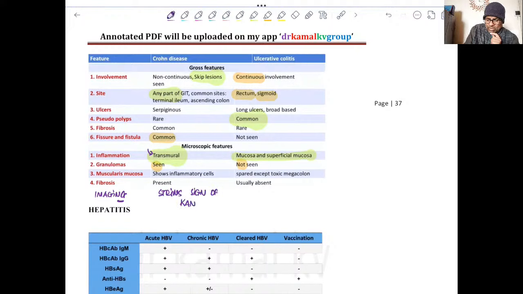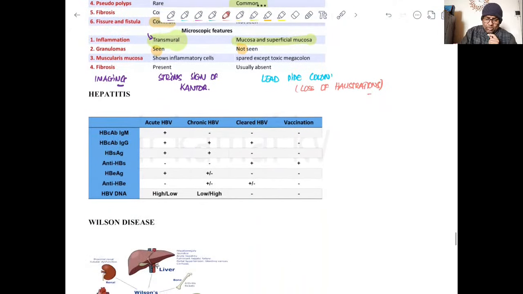Clear? And here you should remember lead pipe colon. This is because of loss of haustrations. Clear? So this much is enough.